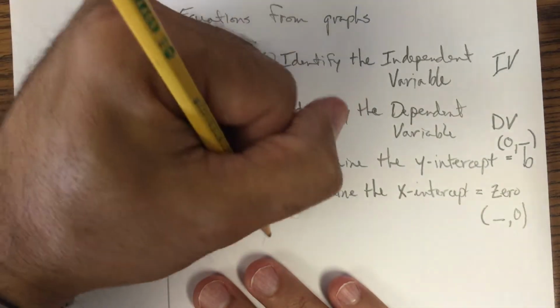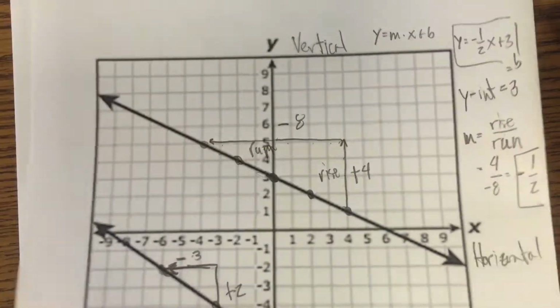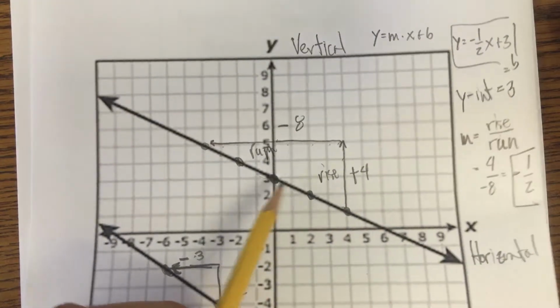And then step number 5 was the next thing we did. After we found the y-intercept, we figured out the slope.